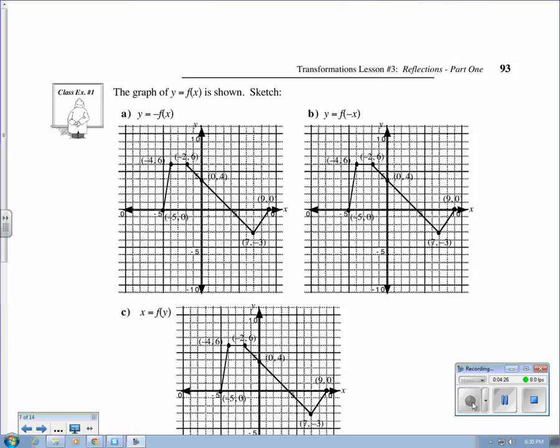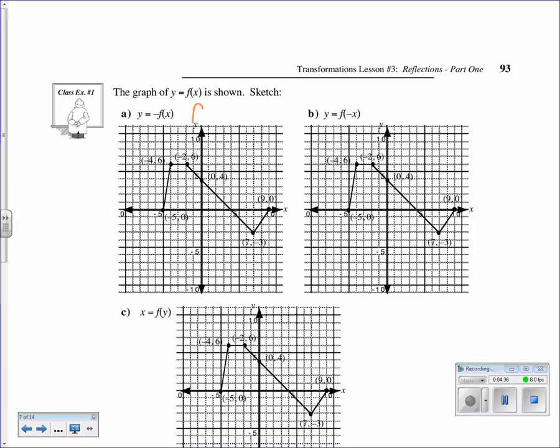So try your hand at reflecting. I'm not going to try and plot these. Y equals minus f at x. That's a reflection in the x-axis. So reflect in x. You can see how crazy that is. As soon as I go y equals f at minus x, that's going to be a reflection in the y-axis.